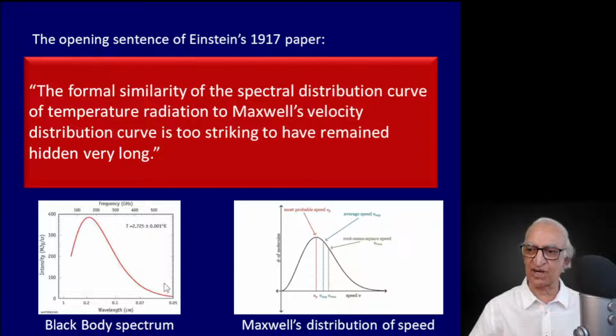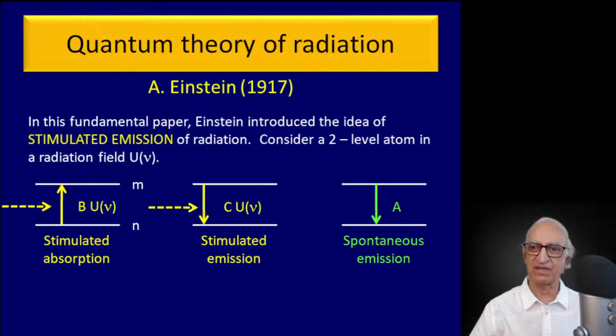And what you have on the right is the distribution of the speeds of molecules or atoms in a gas at a certain temperature. Einstein was pointing to the similarity between these two and the hidden message in that similarity. In this fundamental paper, as I said, Einstein introduced the idea of stimulated emission of radiation.